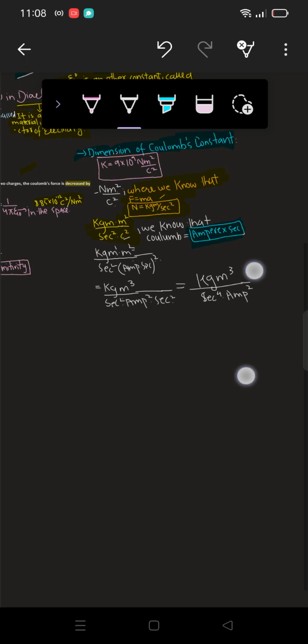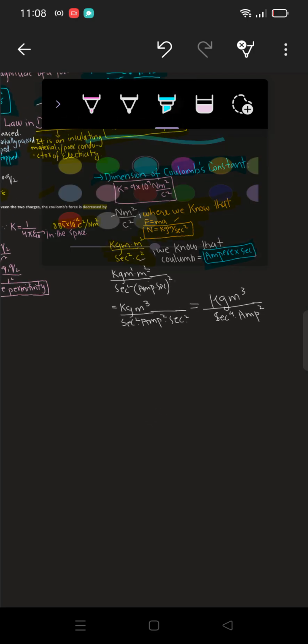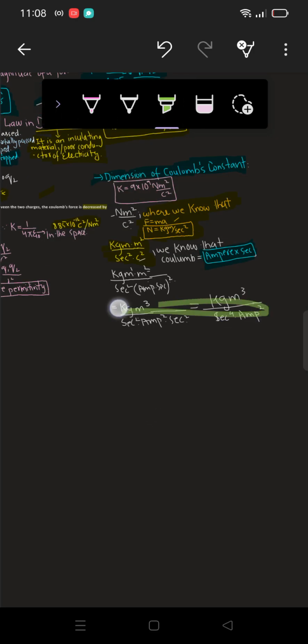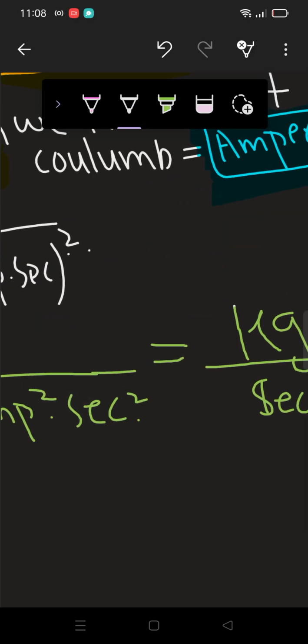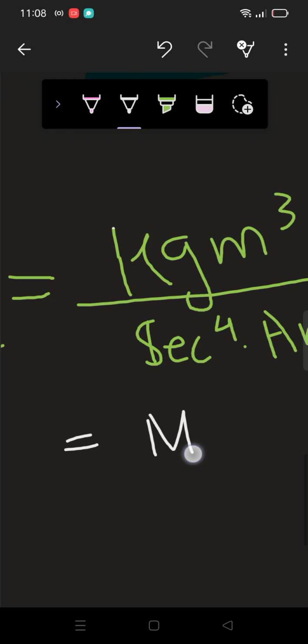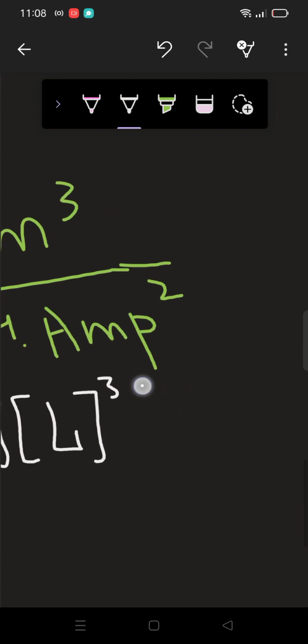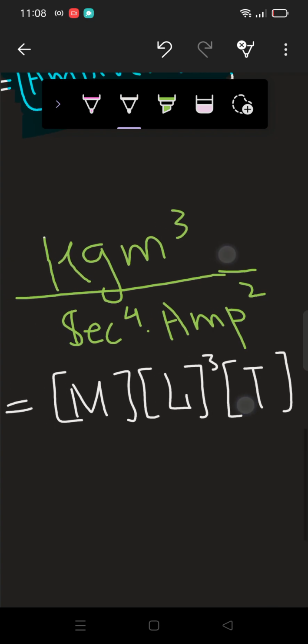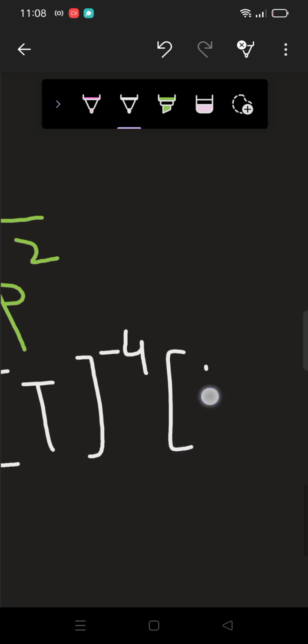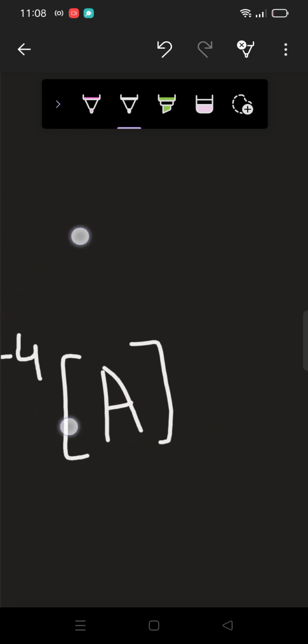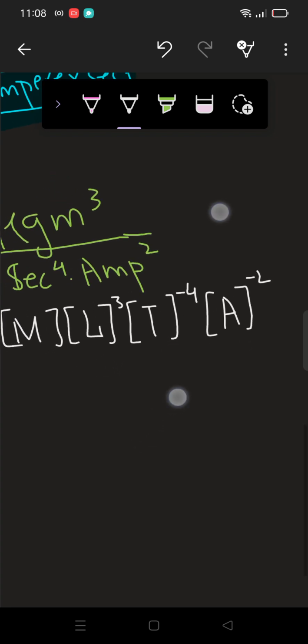Now let's write this in the form of a dimension. Kg we know is mass, so M, meter is the unit of length, so L cube, second is the unit of time, so when it goes up, it will have a minus sign, so T to the power -4, and then ampere means A, it will go up and have a minus sign, so A to the power -2, inverse square.